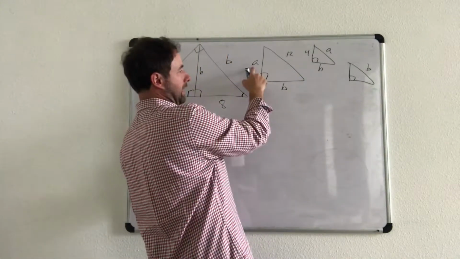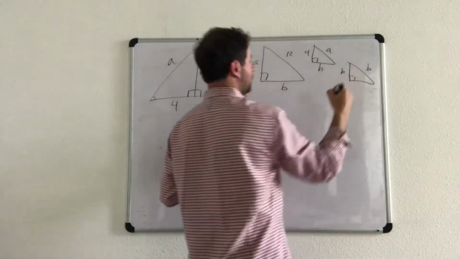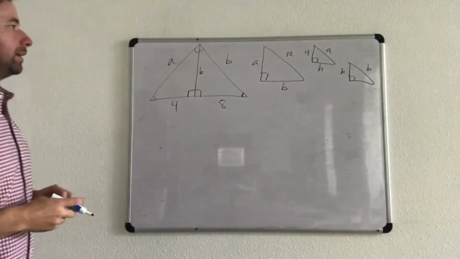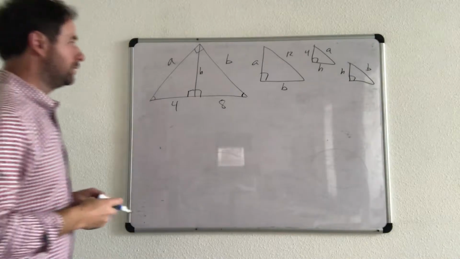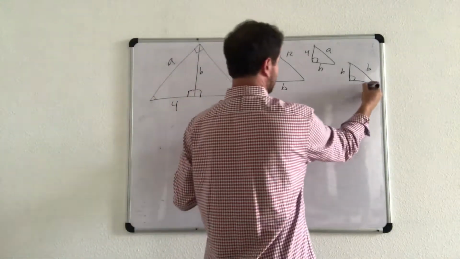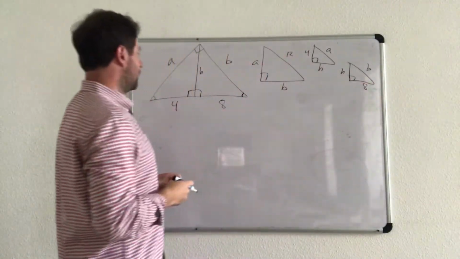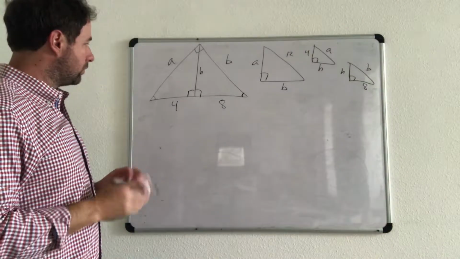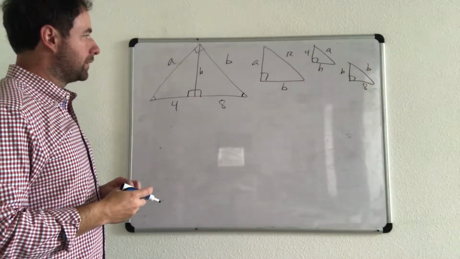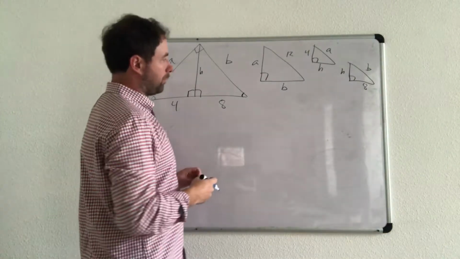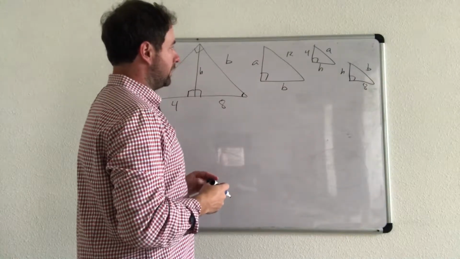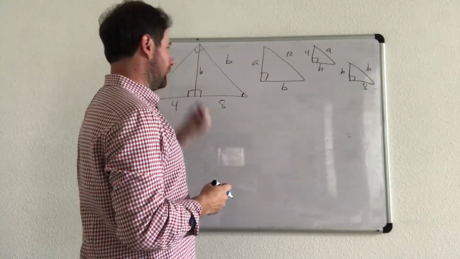So if you got the A here, the H is going to be here. And then you have the 8. Okay, so that is how we have all of these broken down. And then you get your proportions in order to solve for these.